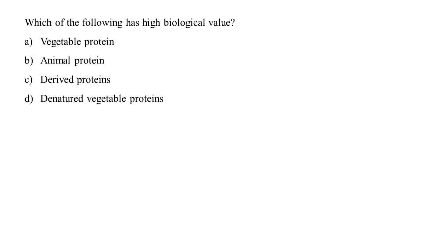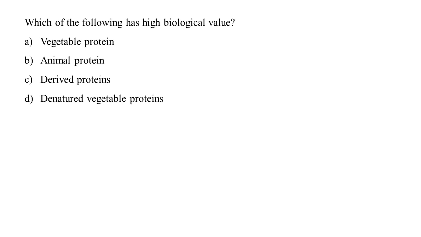Which of the following has high biological value? First of all, we should know what biological value is. In the case of protein, biological value represents how much of the absorbed protein is successfully and selectively transformed into body tissues, and how much is wasted as excretion. Animal proteins have high biological value.